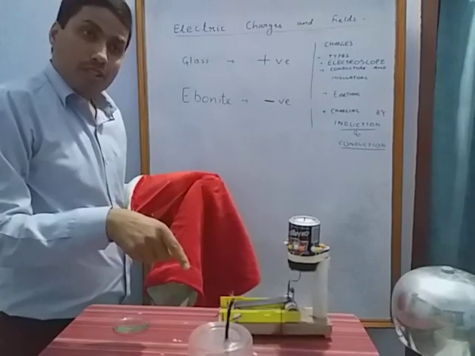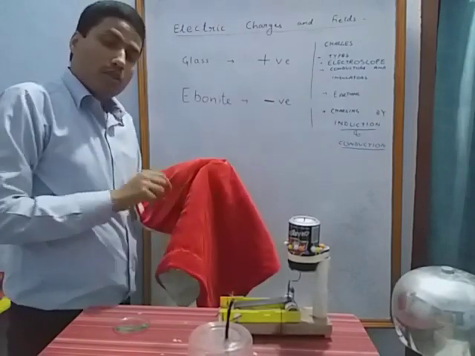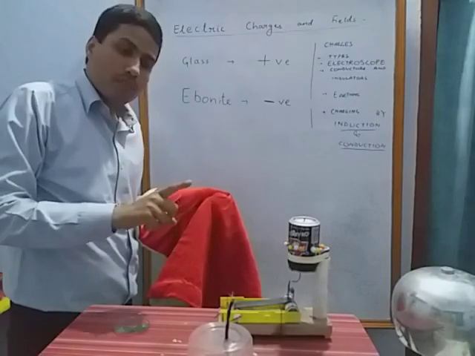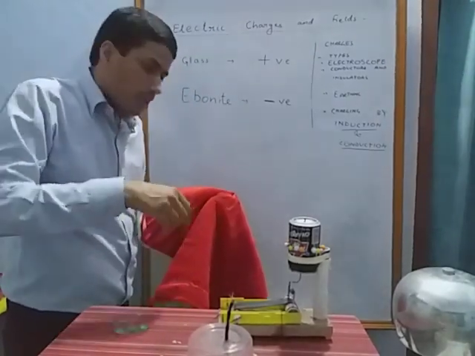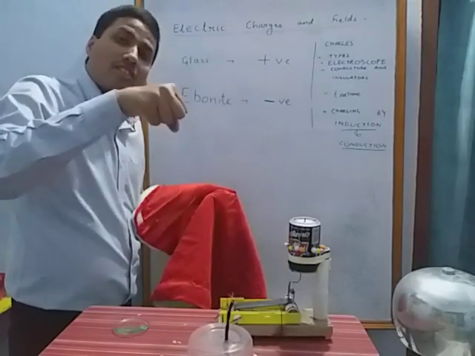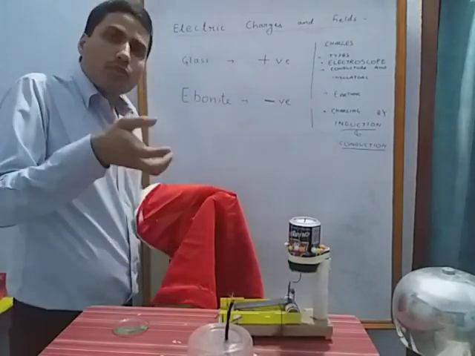Now they are negatively charged. When I bring this glass rod, which is positively charged, it will attract the electrons. Remember, in the first step I had told the electrons were pushed down. But being positively charged, it should attract the electrons. If it attracts the electrons, it will take the charges away.